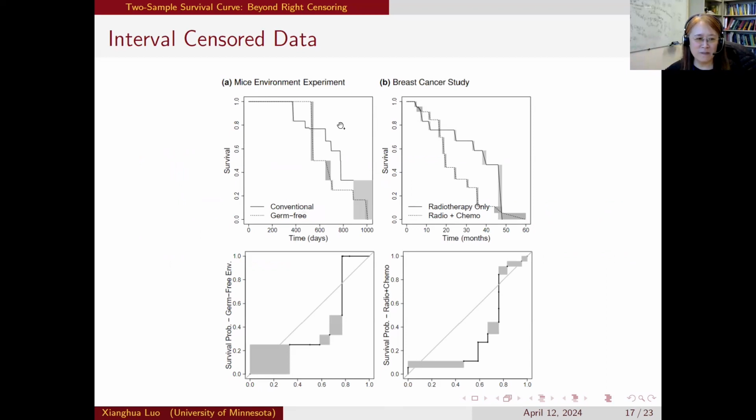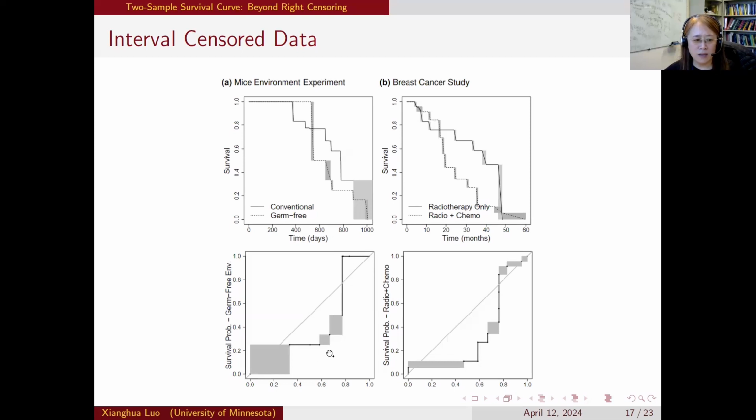So in the left panel, the animal study, the right panel, the breast cancer study. In a typical survival analysis paper, you will see the two groups' survival curve estimates, but we consolidate them into one two-sample curve.